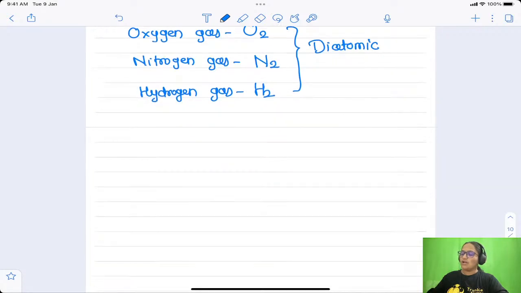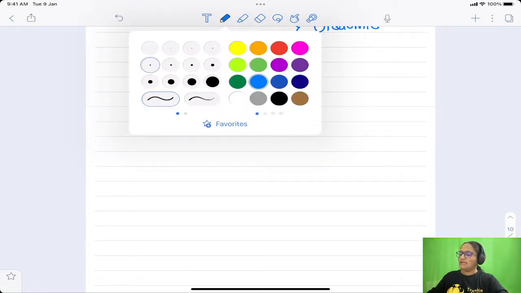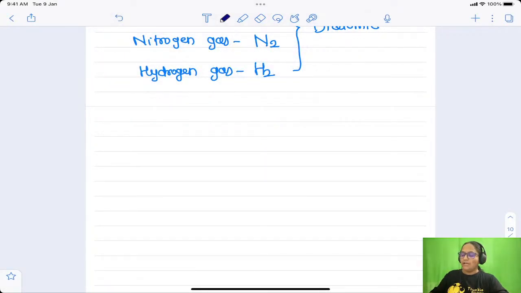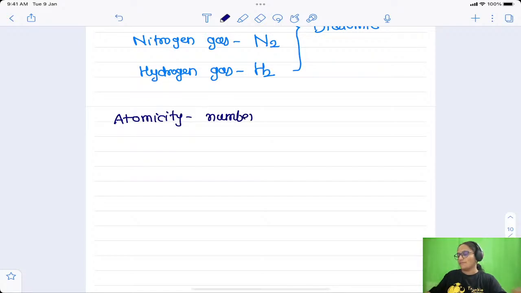Based on how many atoms are present in that particular molecule, we are going to find out the atomicity. So what is the atomicity of a molecule? It is the number of atoms present in a molecule. That is called the atomicity.